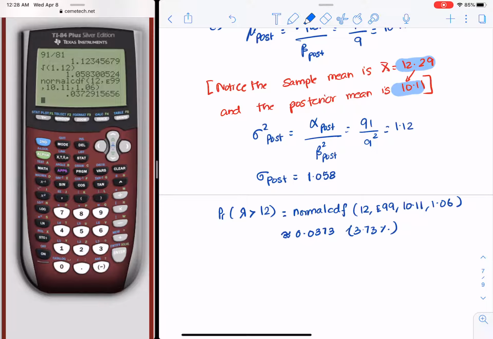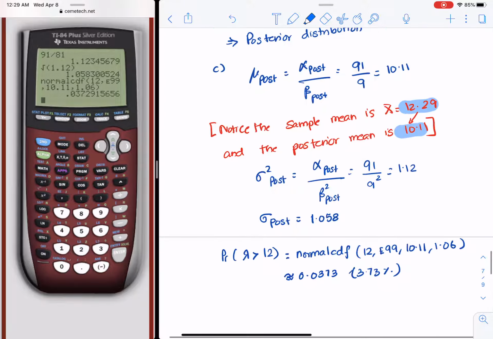So we would expect about 12.29 patients without the prior information, or 10.11 patients with the prior information. And here we want to find the probability that the number of patients would be greater than 12. It is going to be unlikely, because the prior drove the mean of 12.29 down to 10.11.